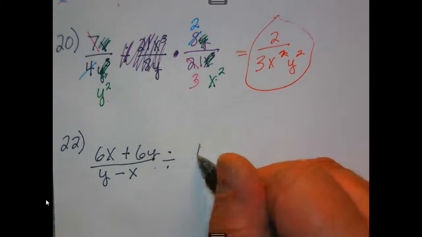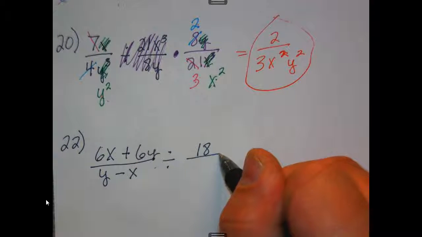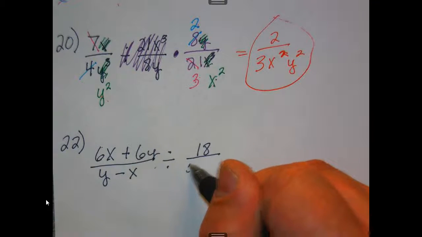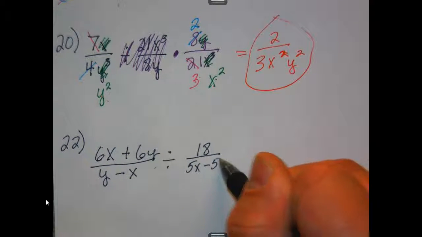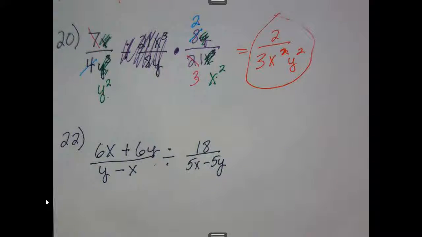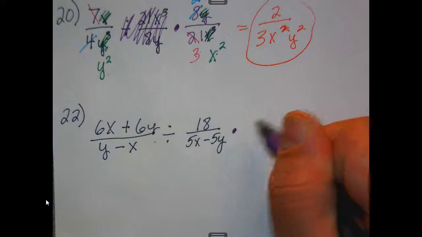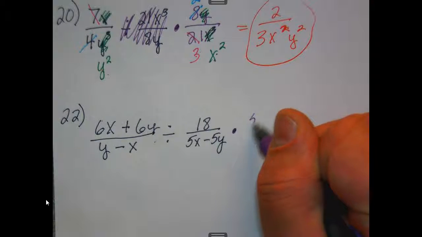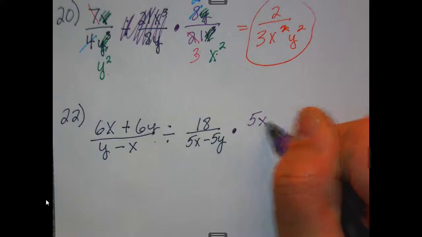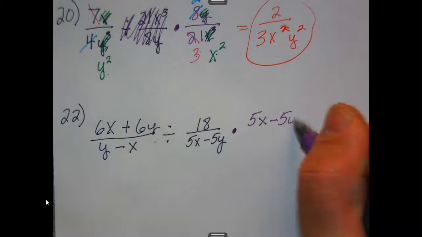Divided by 18 over 5x minus 5y. I'm going to change this to multiplication. Flip the fraction.